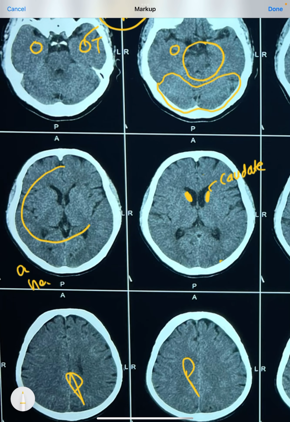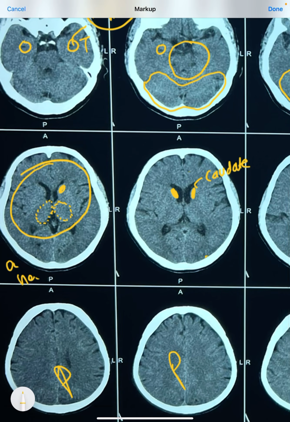Just see that this caudate is here, and here is basically thalamus. You can see a larger almond-shaped structure that is called thalamus.